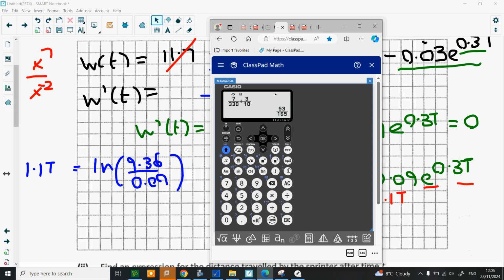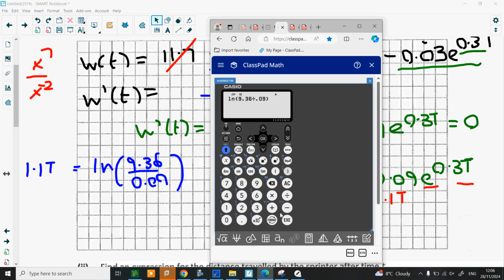Now, here we go. Where's that ln on this, guys? Anybody know? Shift log. Getting used to this. 9.36 divided by 0.09. Oh, sorry, just 1 0.